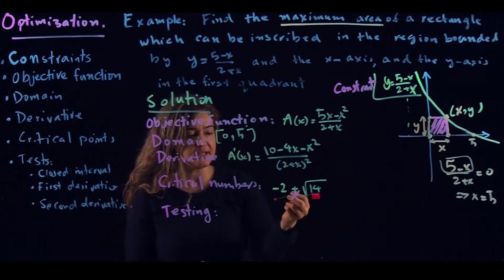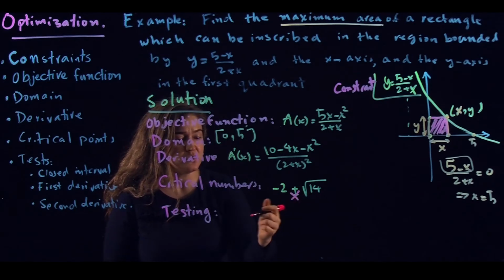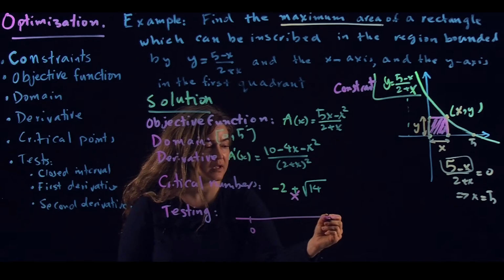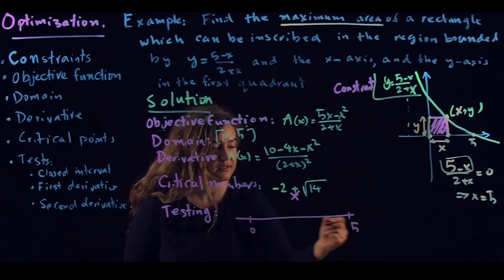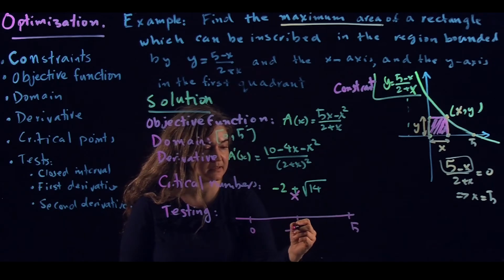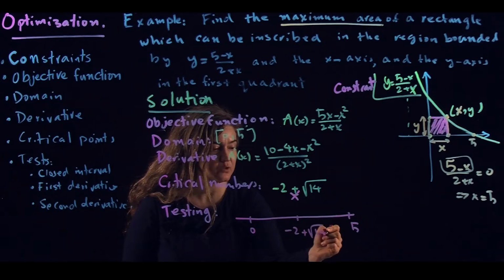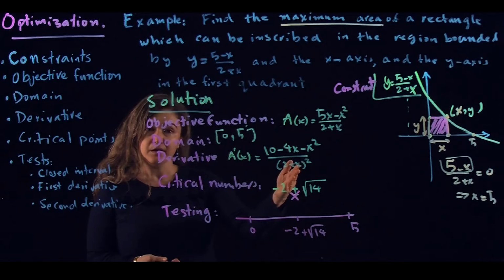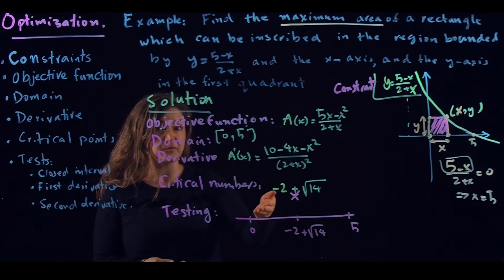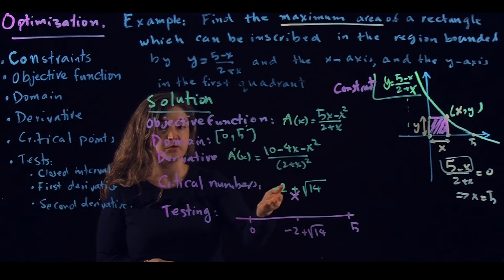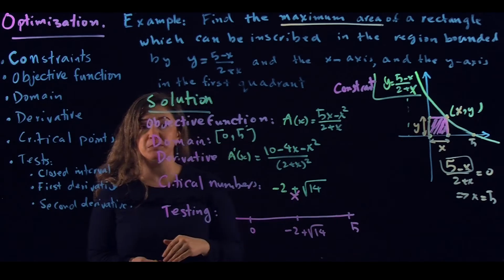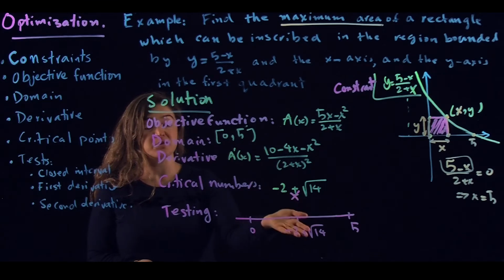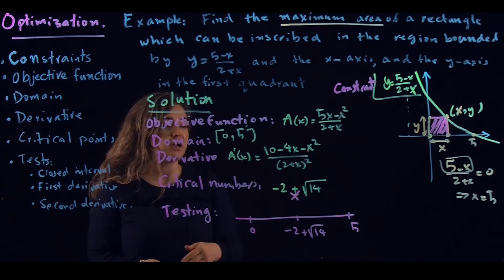Within the domain, which is 0 and 5, I have to find that this is the only local maximum. Before this should be increasing. After this should be decreasing. So this value will give me the absolute maximum for the area.